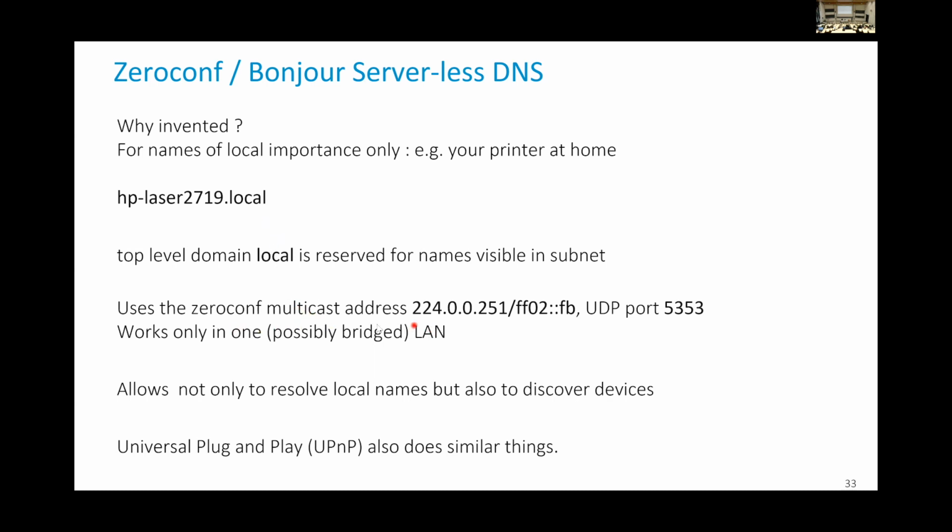If my device has forgotten, it will resolve this name to an IP address by sending a DNS query to this multicast address, which is a local scope multicast. That means this multicast will never be forwarded by routers. That is how home networks typically are bridged. They are a single local area network, and multimedia servers and so on use that kind of thing.